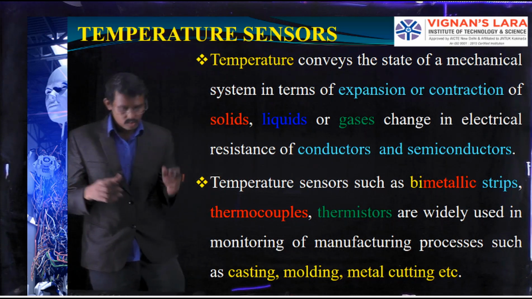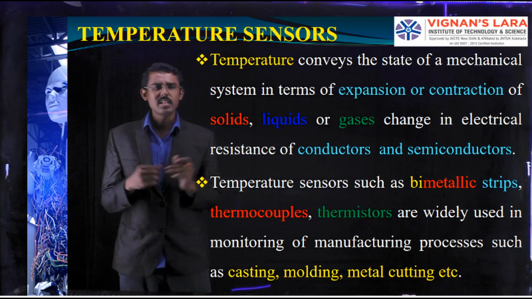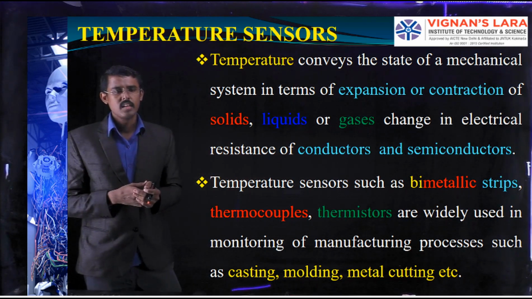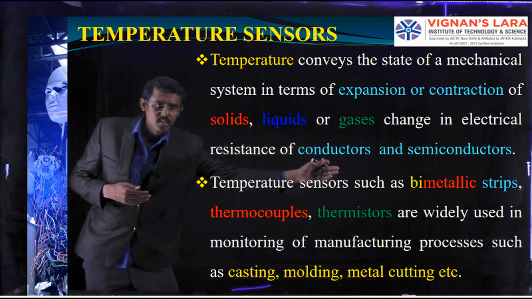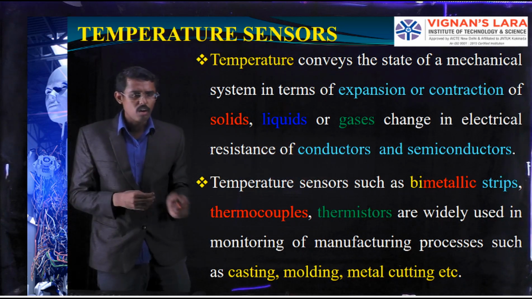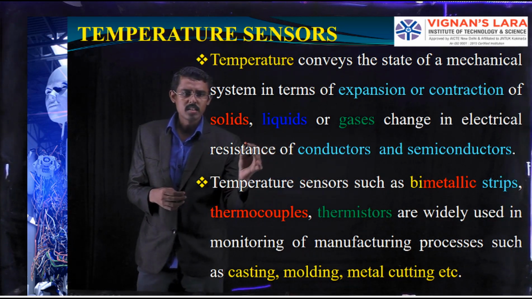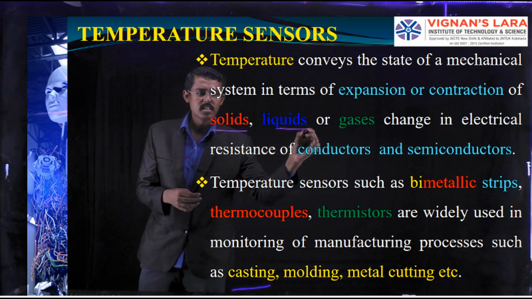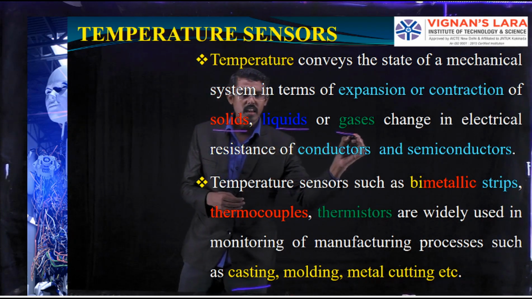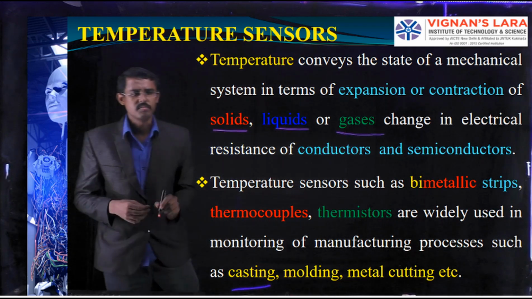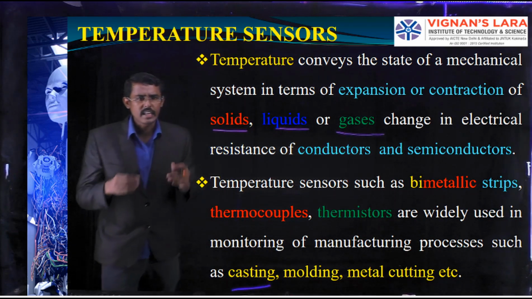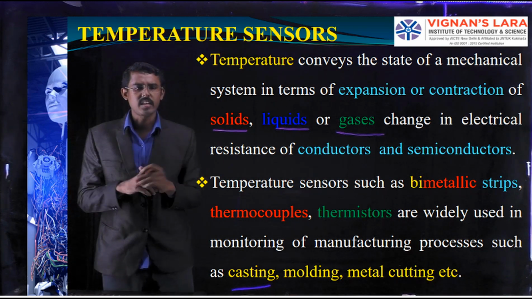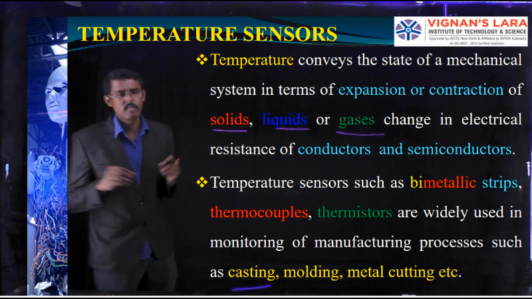Temperature conveys the state of a mechanical system in terms of expansion or contraction of the solids, the liquids and the gases of the system. The change in electrical resistance of conductors and semiconductors can also be determined here.